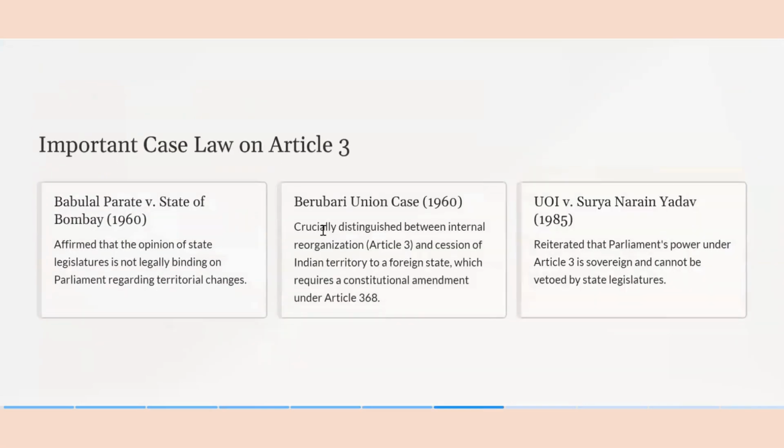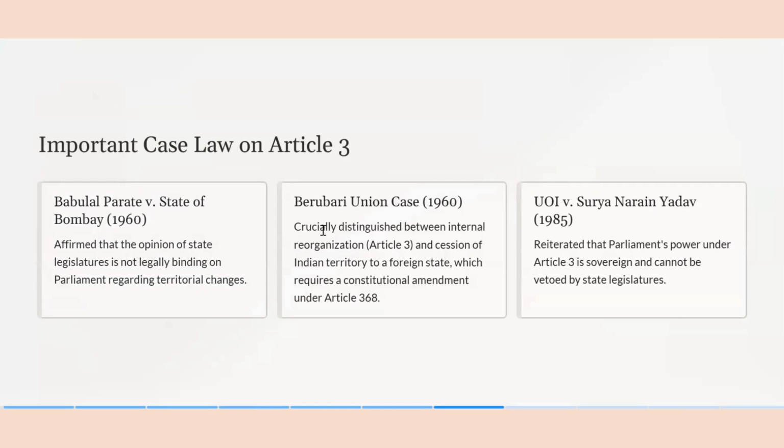Important case law on Article 3: Babulal Parate versus State of Bombay, 1960, affirmed that the opinion of a state legislature is not legally binding on Parliament regarding territorial changes.